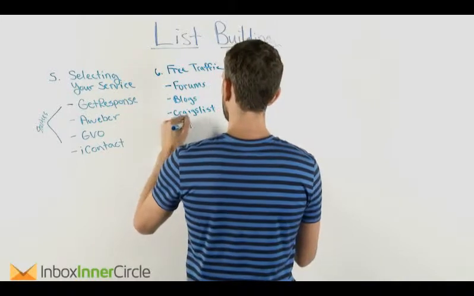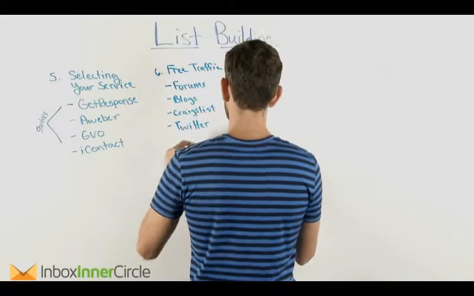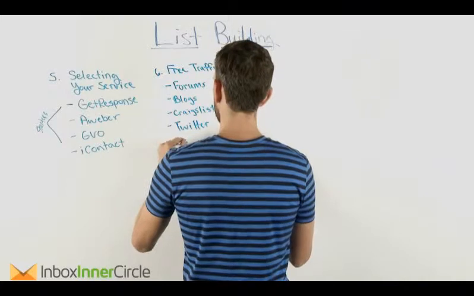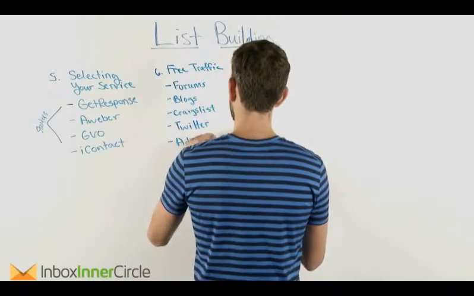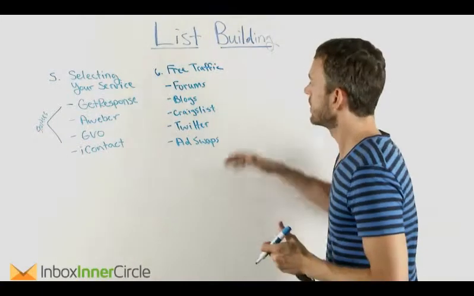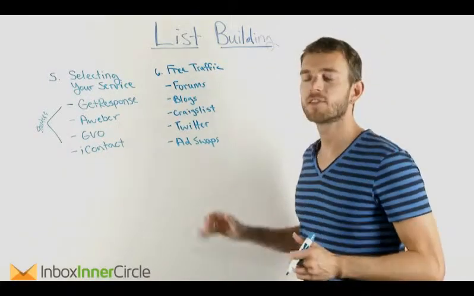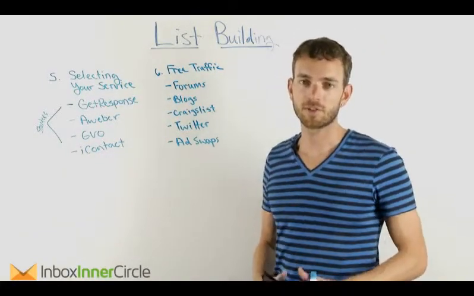You can use Twitter. And, of course, you can always do ad swaps. All right, now, these are some of the ways that you can generate free traffic to your page.